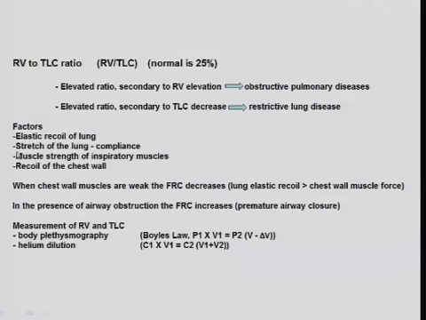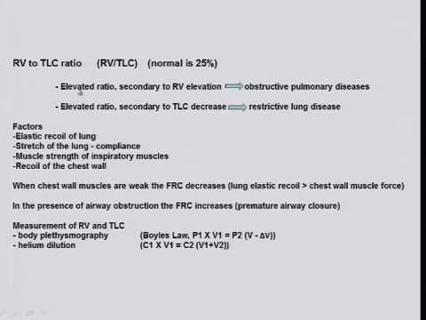So as I was talking, we use these volumes and capacities to help decide what we have for disease and what type of disease that we might have. So now if we look at this, comparing residual volume to total lung capacity, this ratio is very important. Under normal conditions, a normal person who's healthy, that's 25%. So residual volume is 25% of total lung capacity.